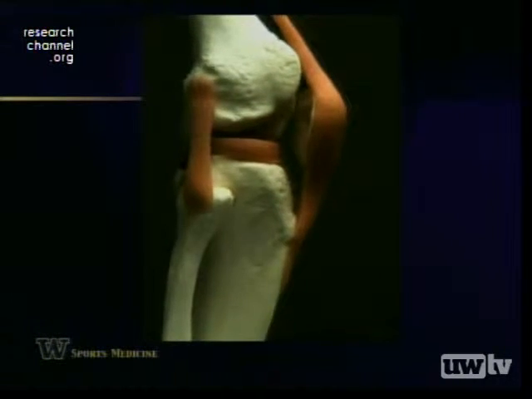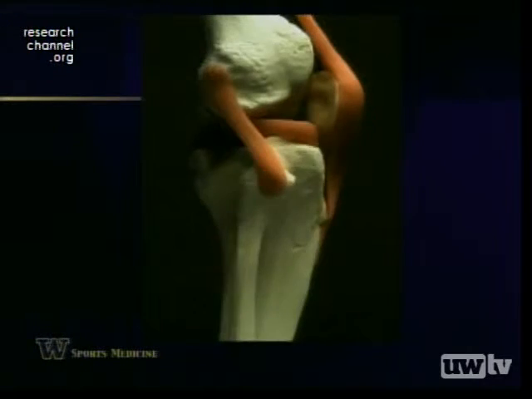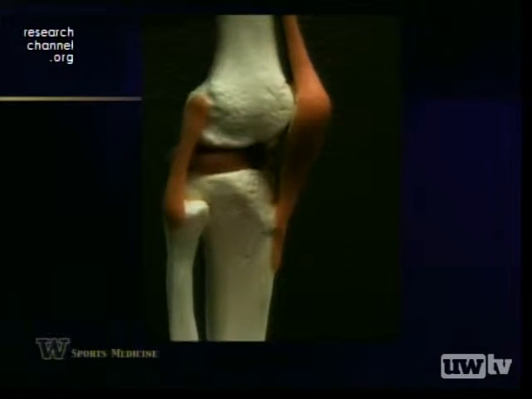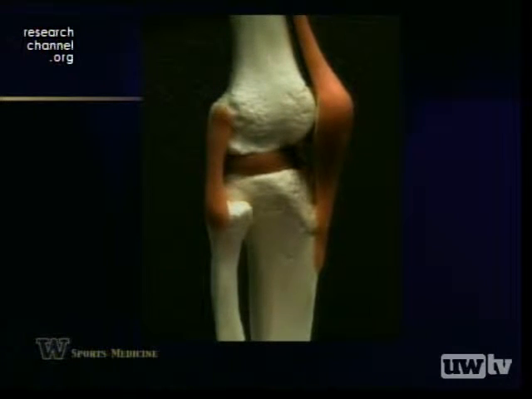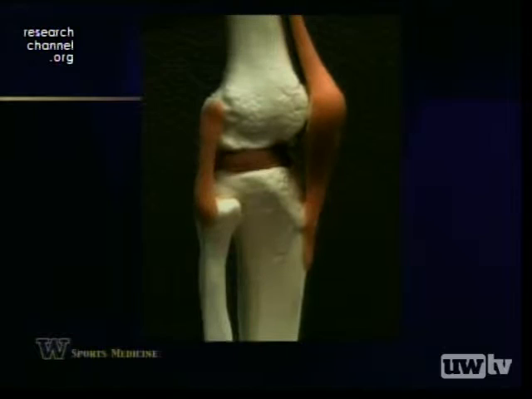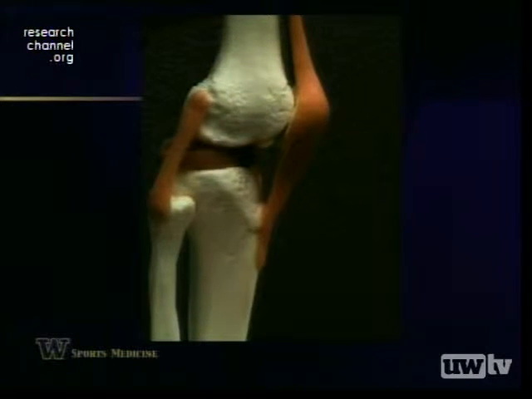This is the motion, a rotatory motion, that's associated with ACL tear. You can see how the femur moves forward, or the shin bone moves backwards. That is the motion that's restricted by the posterior cruciate ligament.